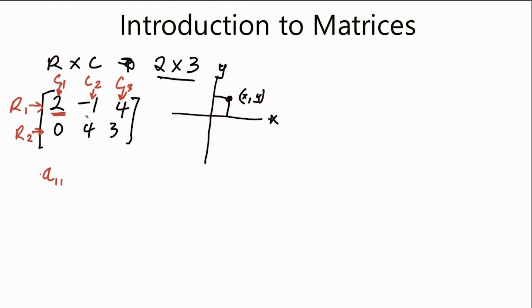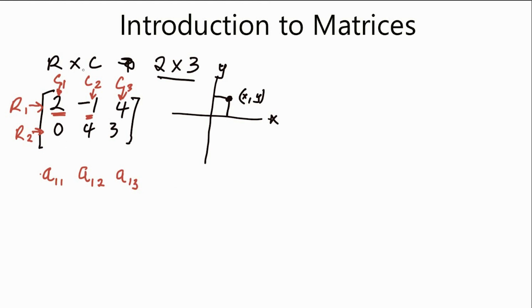The other one, which is -1, we can say it is A 1 2, because it is in row number 1, column number 2. The other one is A 1 3, and we can continue with that all through.